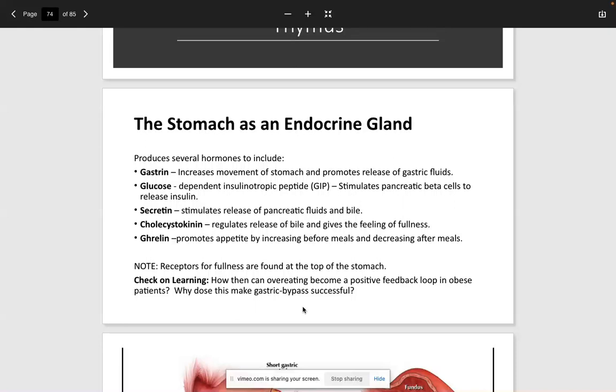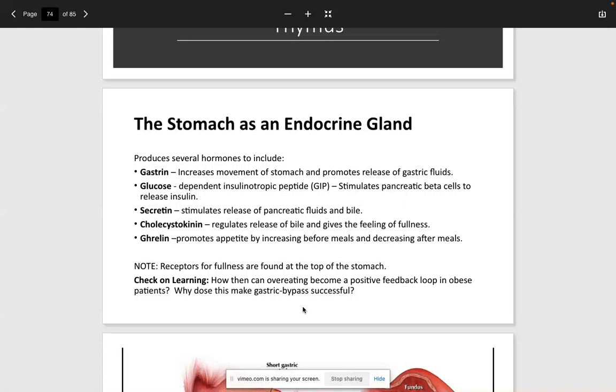Because glucose is present, it also causes the production of insulin. So GIP from the stomach or the digestive tract is going to cause the release of insulin from the pancreas. Secretin is going to be an important one. This is going to release something called bicarbonate, or HCO3, in order to alkalinize the stomach acid.